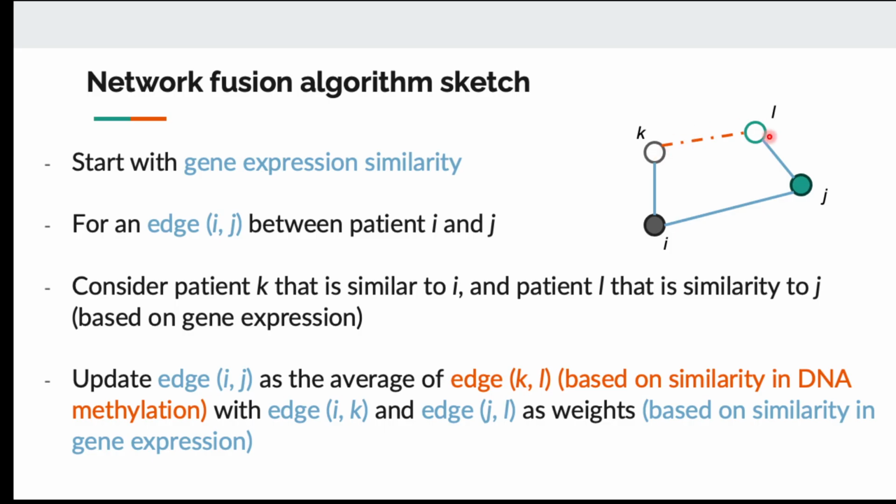If K and L, whichever K and L I pick, are similar based on DNA methylation, I want to say that maybe I and J can also be similar in terms of methylation, because other patients that are similar to them have a similar DNA methylation profile. So I can infer that maybe I and J have some DNA methylation similarity.